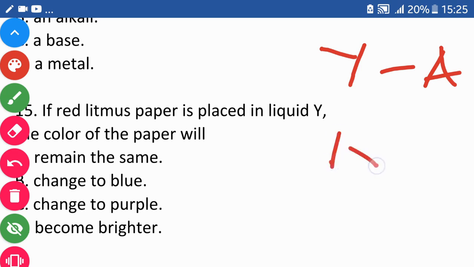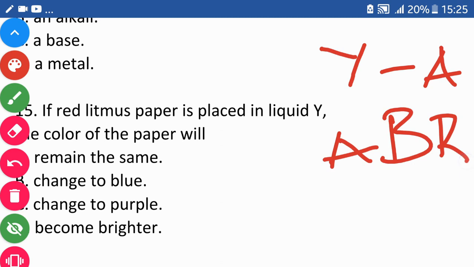Now you know that acid turns blue litmus paper red, and base turns red litmus paper blue.